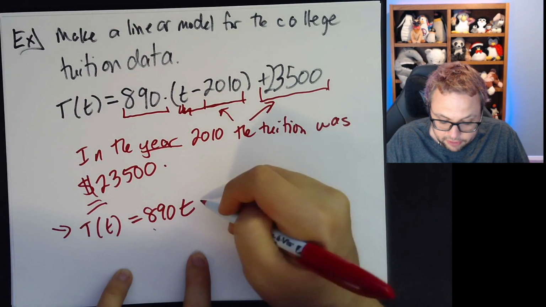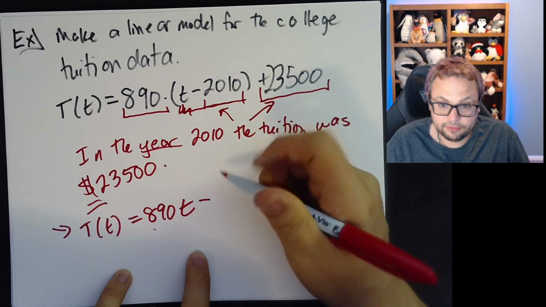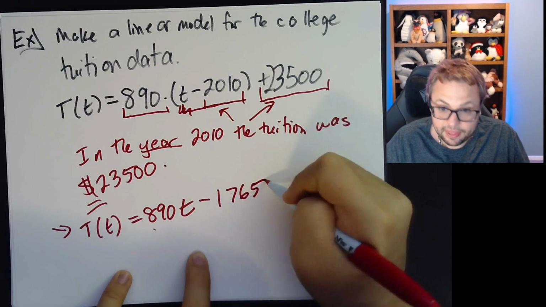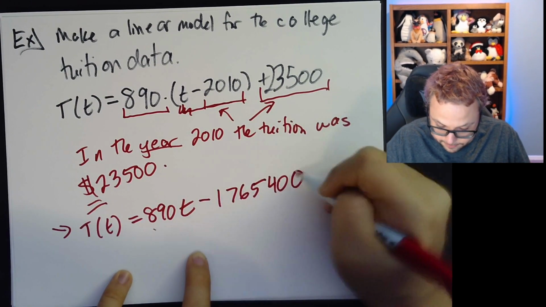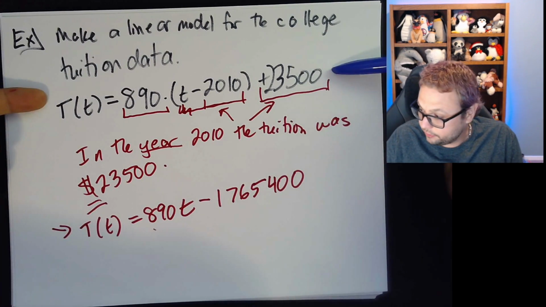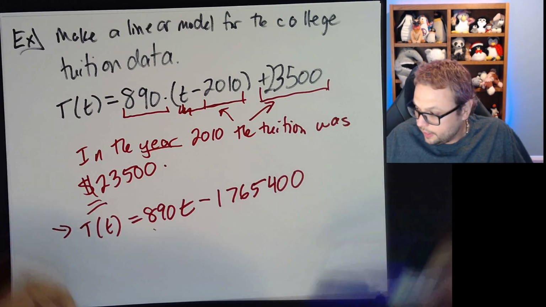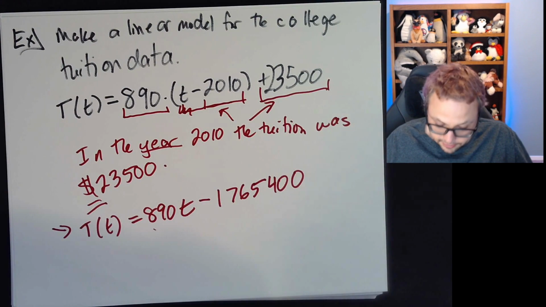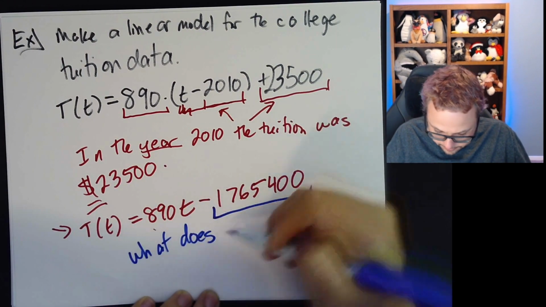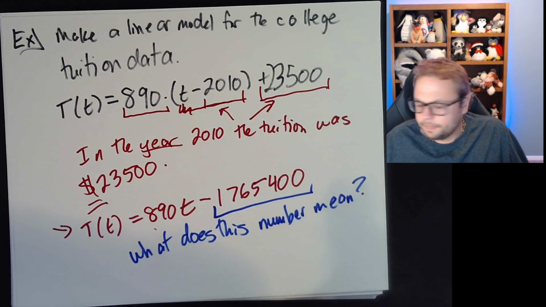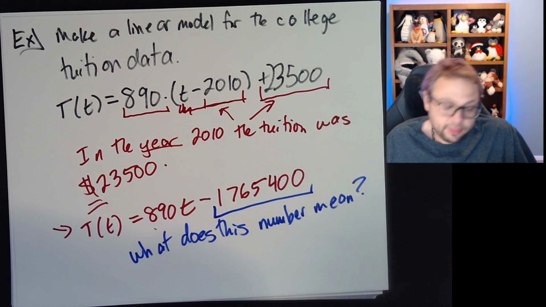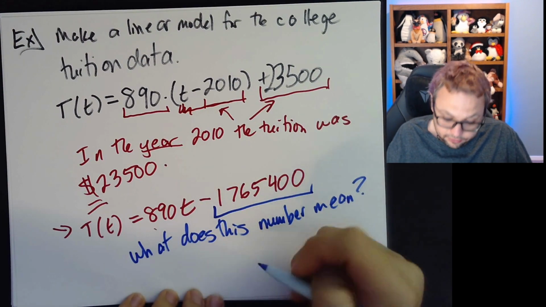I'll spare you watching me multiply these numbers out, but it works out to be minus 1,765,400. And so when we're talking about why I prefer this one to this one, the reason is that I want to think about what this number means. Well, what is the b in y equals mx plus b? The answer is it's the intercept. So it's the y-intercept specifically.